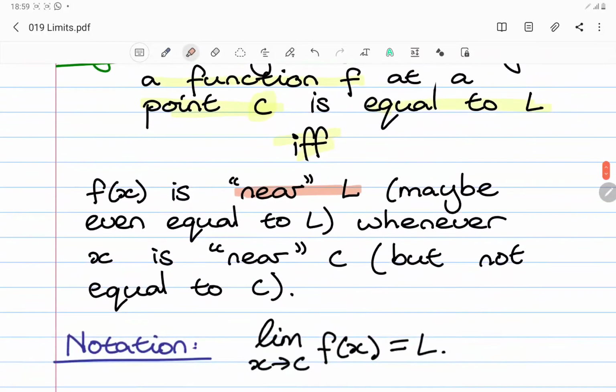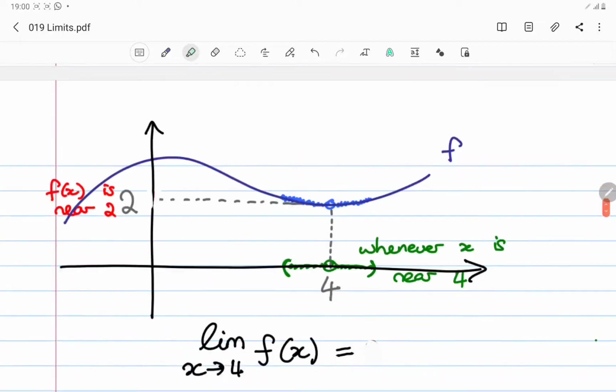So, whenever x is near c, f of x is going to be approaching a value on the y-axis, which is our L, whenever x is approaching a particular value on the x-axis. Alright, and this is our notation that you should get used to when writing.